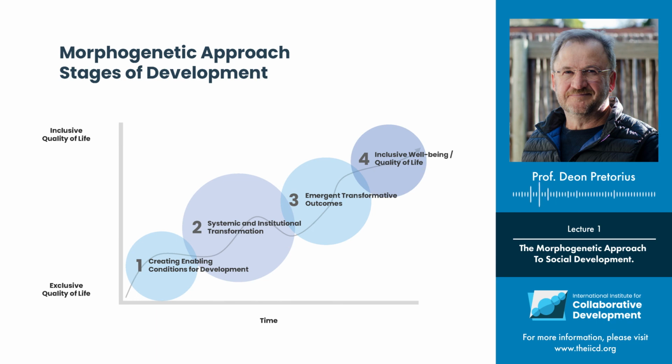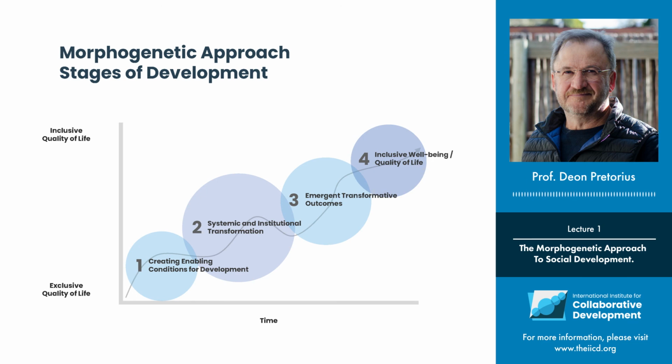So your independent external facilitator, for instance, initially is intensely involved in the process of collaborative development. But as these systems and institutions become transformed, that person needs to have a sense of judgment to pull back, and to allow the players, the parties, the agents within the system to take a greater responsibility.